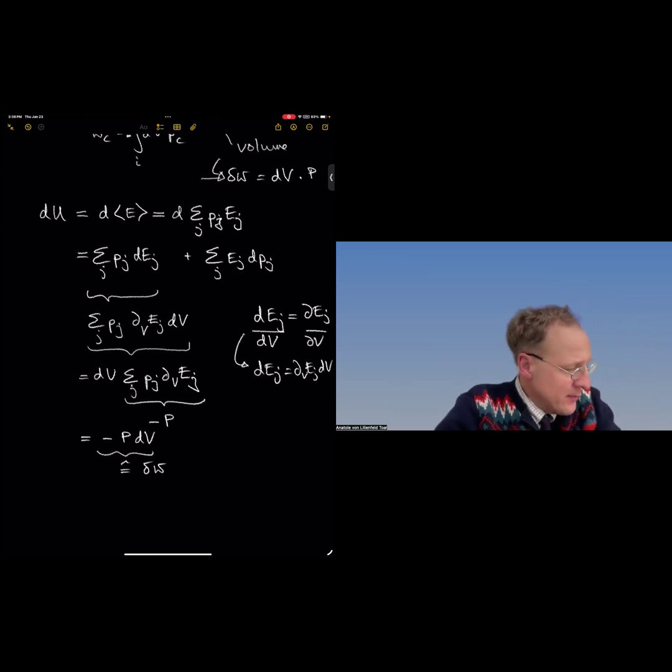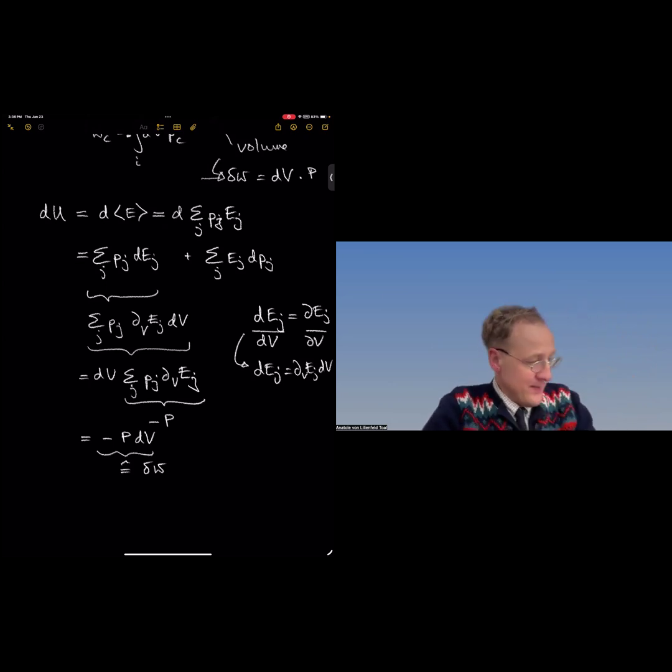No, the differential is not a derivative. It simply means you're going to slightly vary something. In this case, the volume. Right? And you multiply the small variation in volume with the derivative of the energy with respect to V.